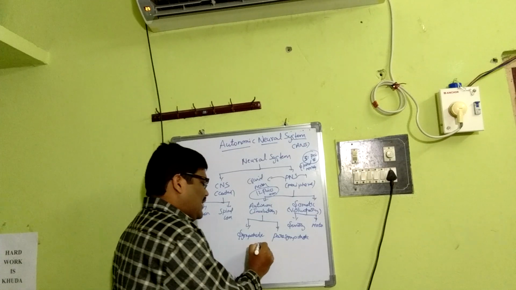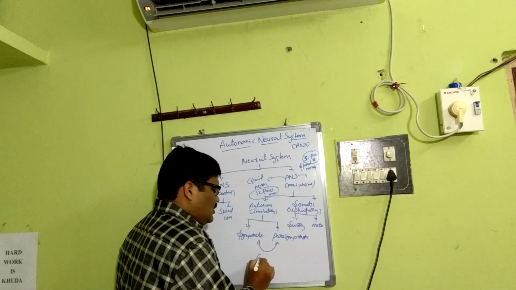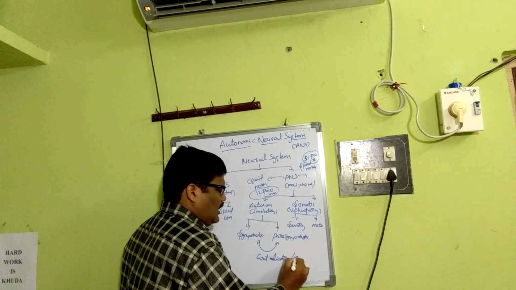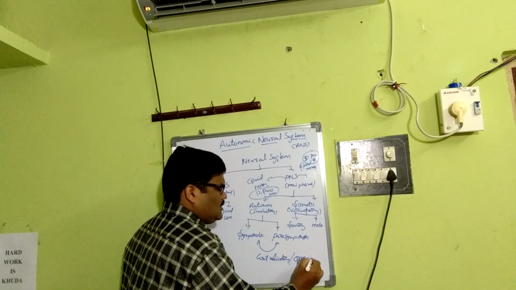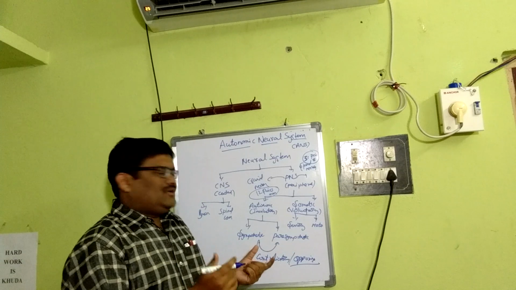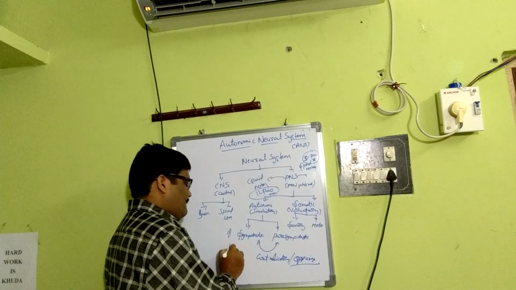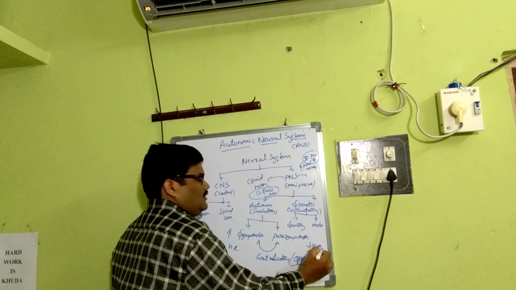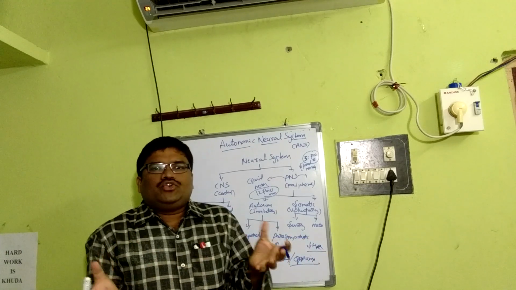The sympathetic and parasympathetic are contradictory in nature, or opposing to each other. That means, for example, if one increases the heart rate, the other will decrease the heart rate. They are actually dual systems.